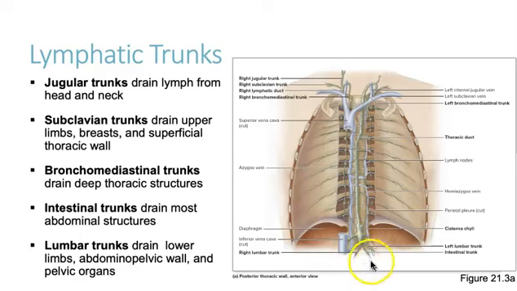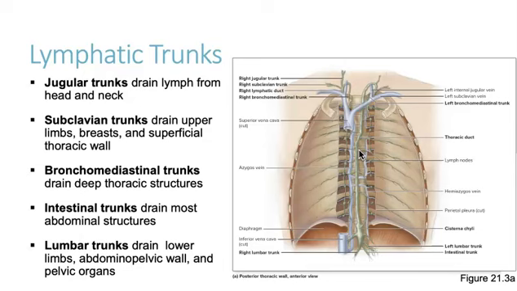So for instance, here we have our lumbar trunks, as well as an intestinal trunk that are all filtering that lymph into an area known as the cisterna chyli. So you'll find this in the area of the abdomen. And then from there, we are going to have it move through a thoracic duct. So we'll take a look at that duct a little bit more in about 2 slides.